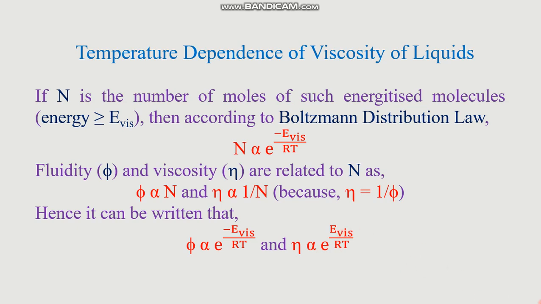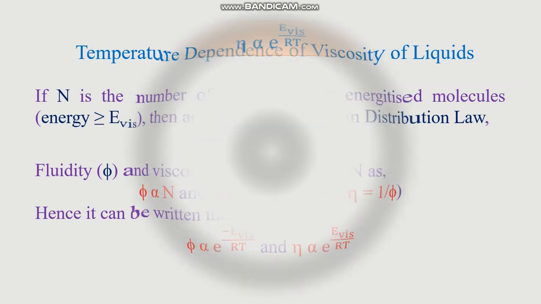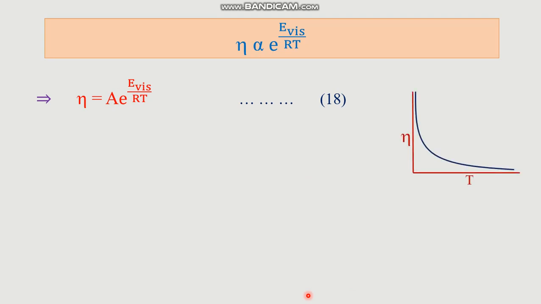Now if this relationship is carried forward to the next slide, we convert this into an equation by putting a proportionality constant, capital letter A. Thus we get equation number 18. From here we can get the dependence of viscosity of liquids on temperature, and graphically it can be shown by this if eta is plotted against T.